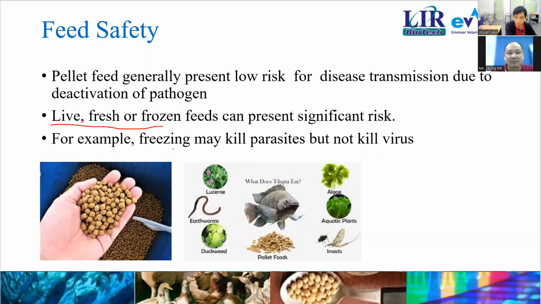So constantly we can do checking on the feed to ensure there's less chance of this, to reduce the risk from the attack of disease.